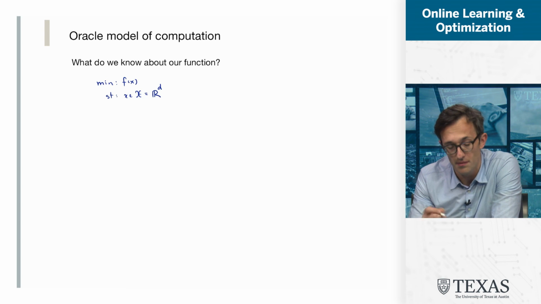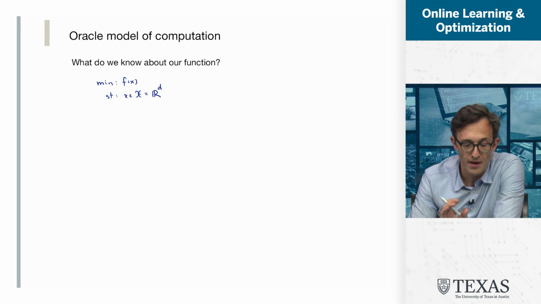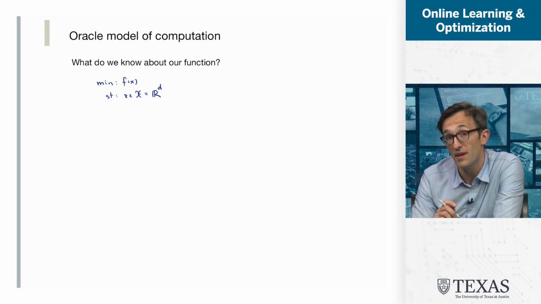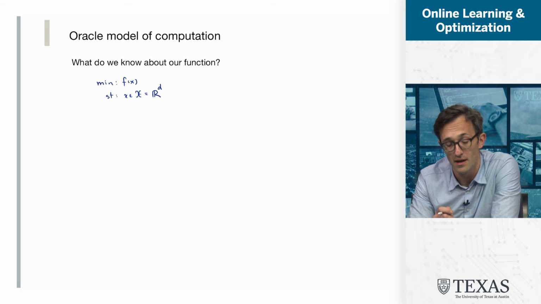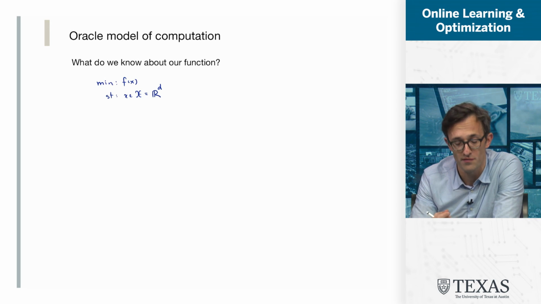What do we use? For every single algorithm that we've seen so far, we've found that all we need is to be able to evaluate the function and also evaluate its gradient, or to get an arbitrary element of the subdifferential.